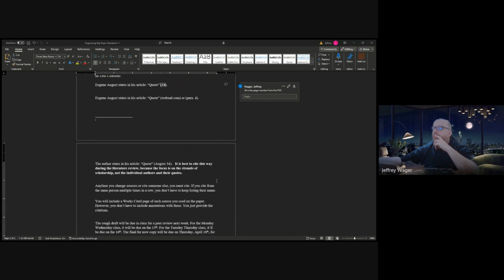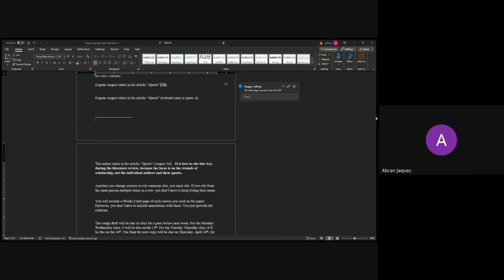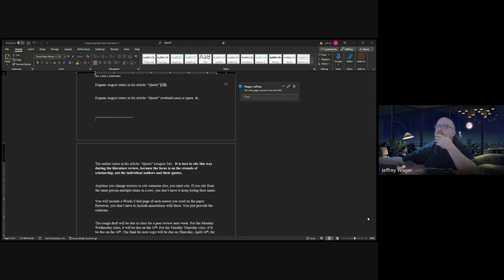Let's see. I'm looking at Purdue. Let's see. I know how you do that on the works cited page, but I'm drawing a blank on what you do in the in-text. Let's see.